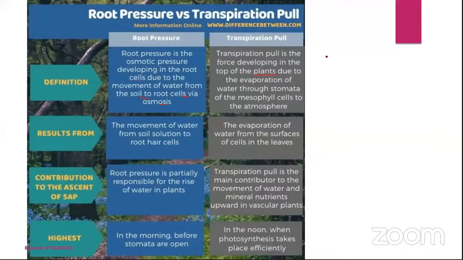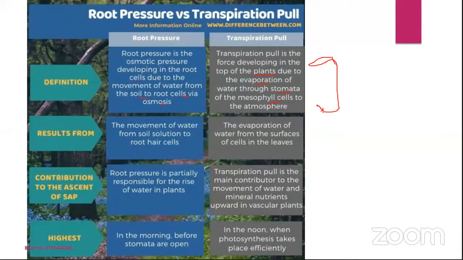The pull is because of what is happening at the leaf surface, but with the root pressure, it is because of what is happening in the roots as water is being absorbed from the soil, but majorly being affected by what is happening at the endodermis. If you still remember the structure of the transverse section of the root.